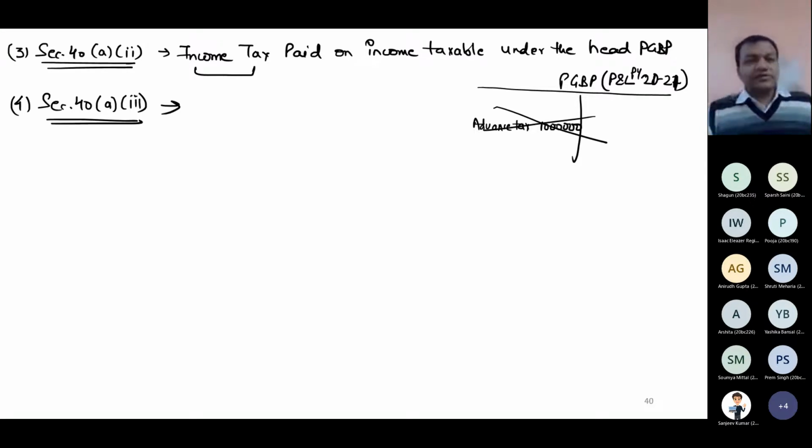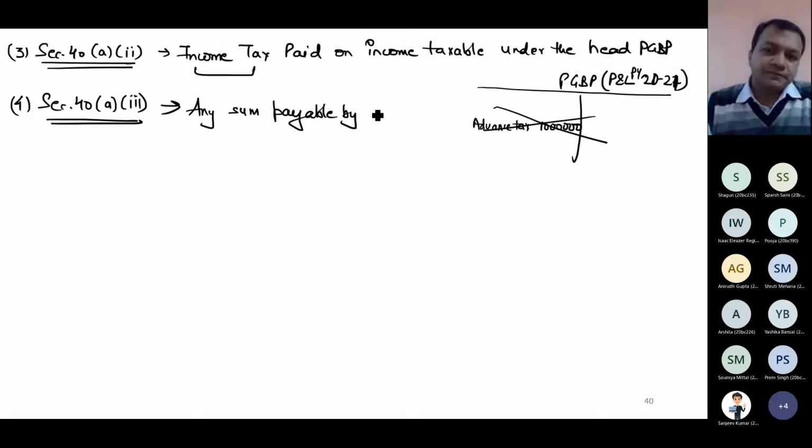Last technical section of section 40 clause A. So please write it. Here also you will use the word any sum payable by an assessee which is taxable.